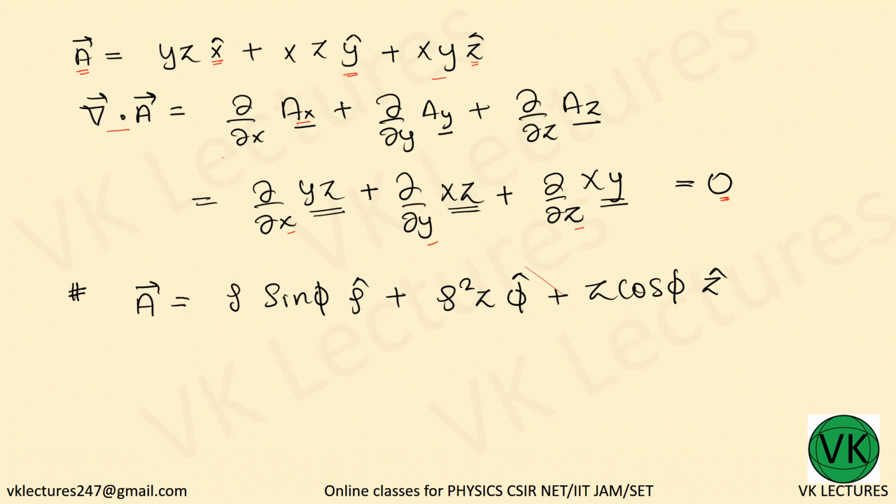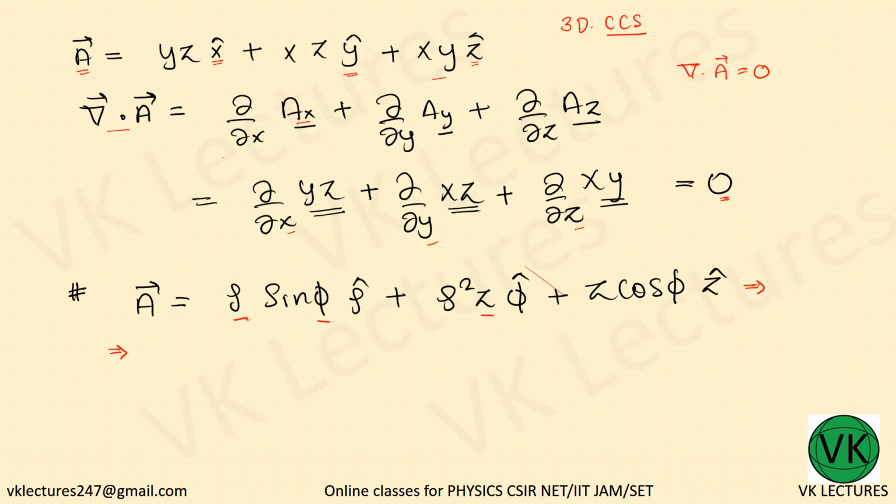So del dot A is 0. Now here is a second question. The first question is from the three-dimensional Cartesian coordinate system, and in the second one you have rho, phi and z.